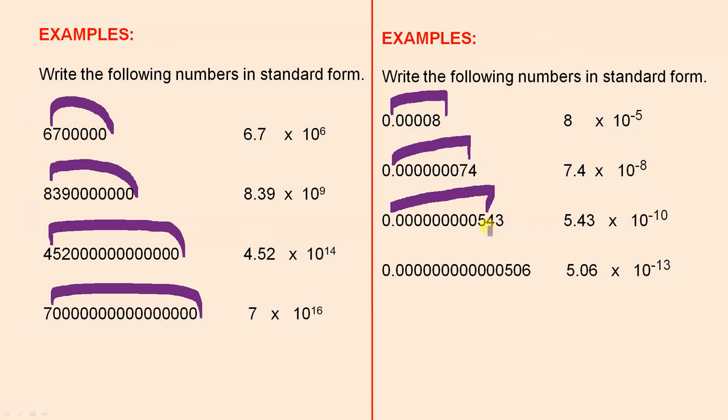The number of places from there to there is 10, so it's 10 to the minus 10. And finally, that decimal point is moved to between the 5 and the 0, to give us 5.06. The number of places is 13, so it's 10 to the minus 13. Notice in each case, that number is less than 10, and each of those powers is negative, because these are very small numbers.